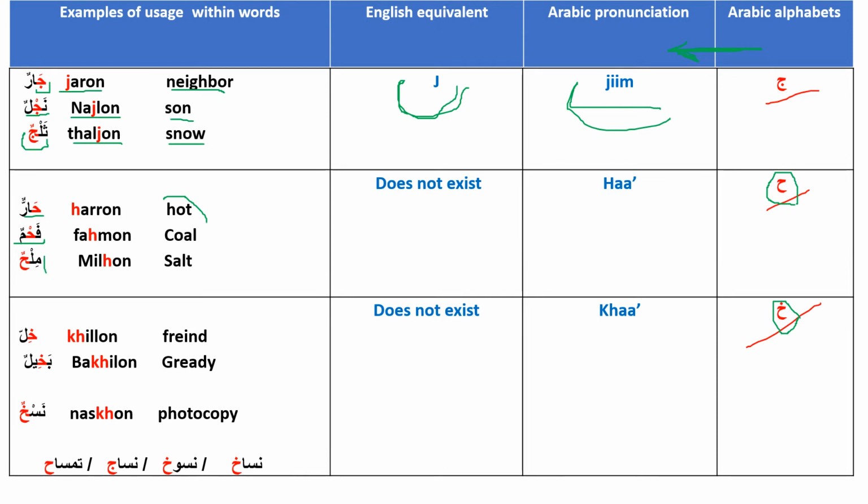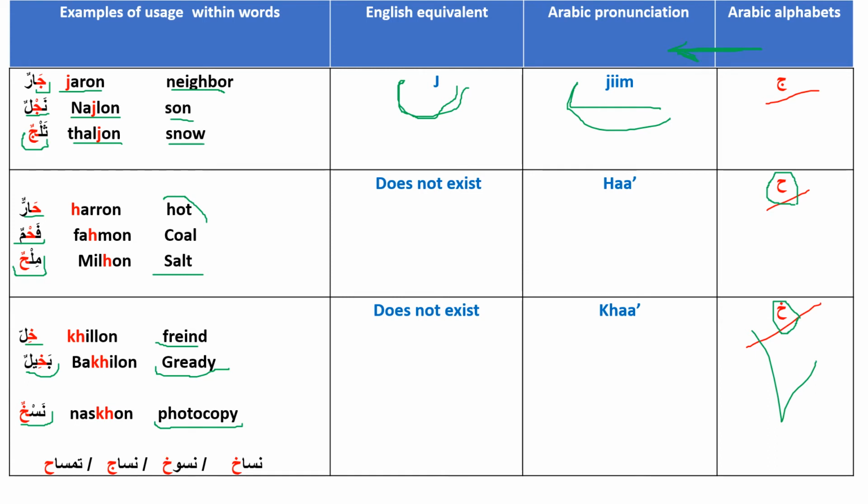If it comes at the end, Milhun, which means salt, it must be attached. The same applies to Kha. For example, Khillun, which means a best friend, close friend. Bakhilun, which means a greedy person who cannot spend money. And Naskhun, which means photocopying.